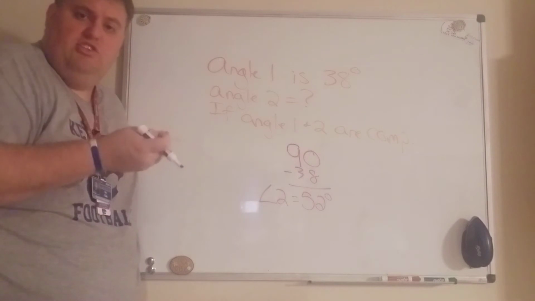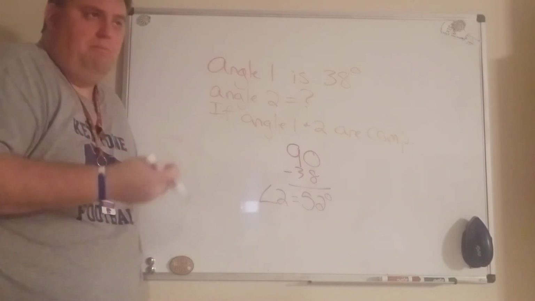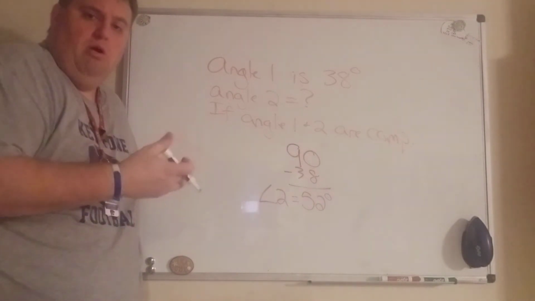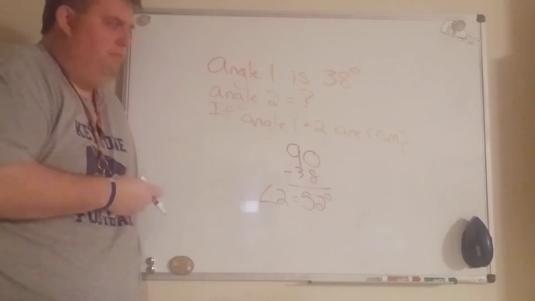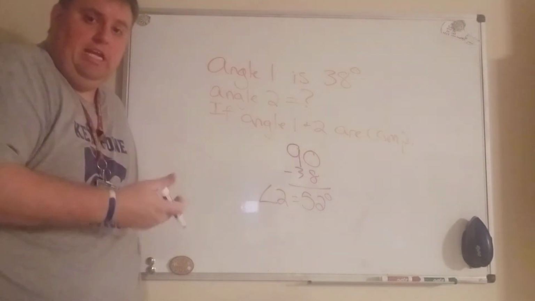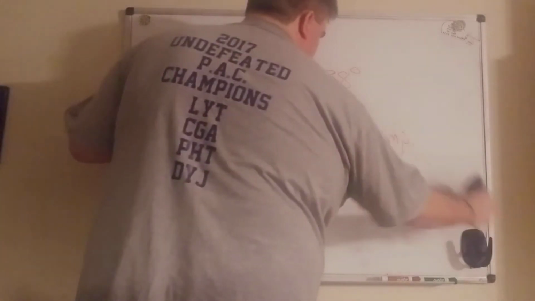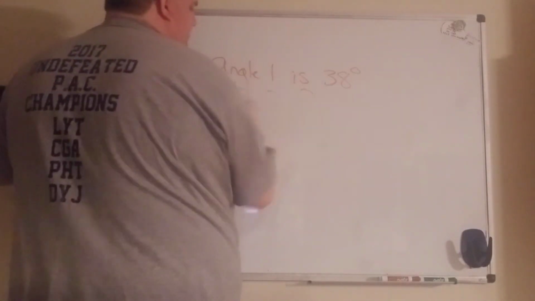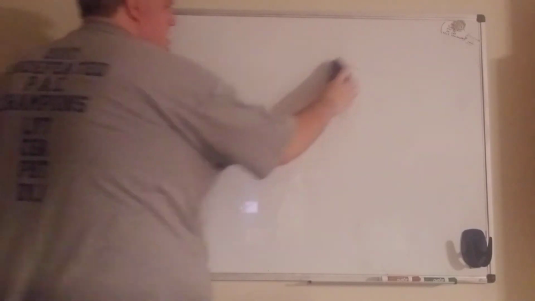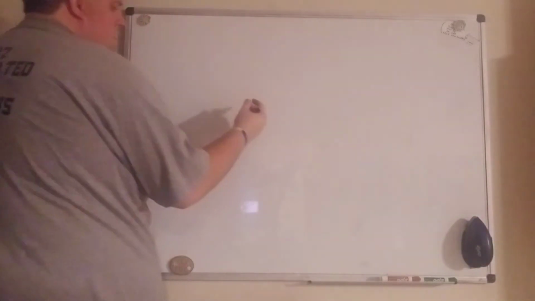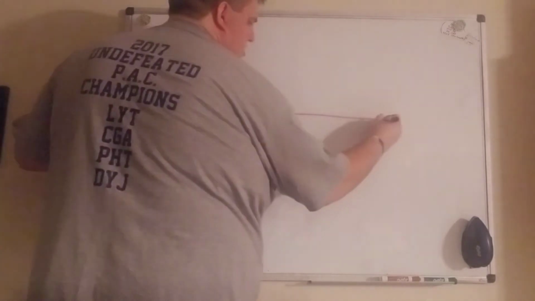So if they tell you just straight out, like, hey, this one's supplementary, this one's complementary, we know we can add something to it to get all the way to 180 or to 90. But let's throw a little monkey wrench into that, shall we? Let's do the same thing, but now here's a picture.